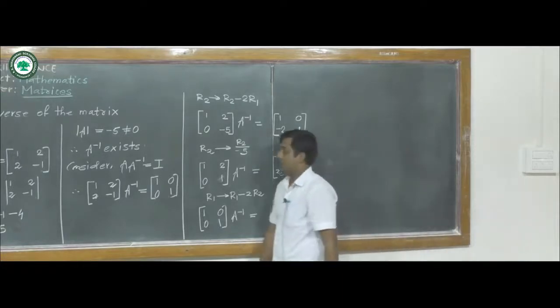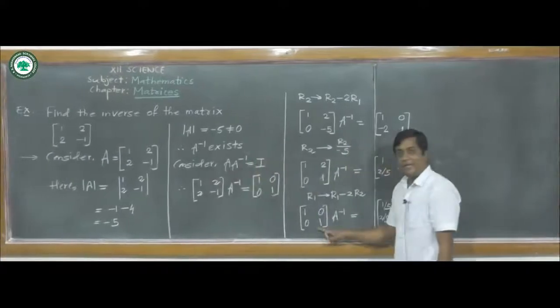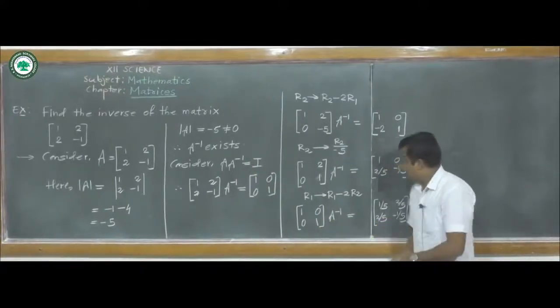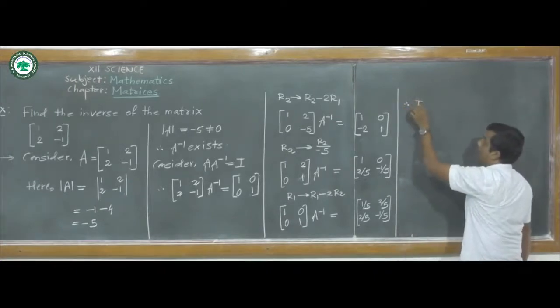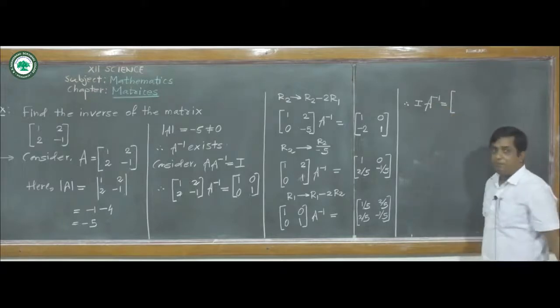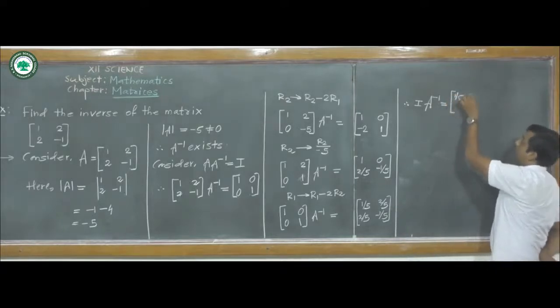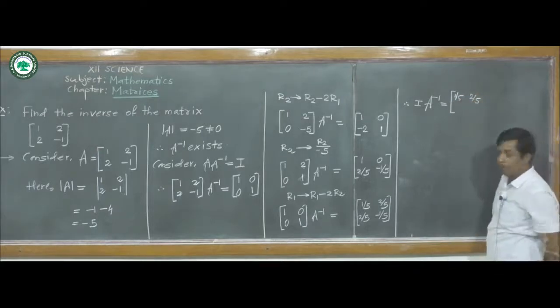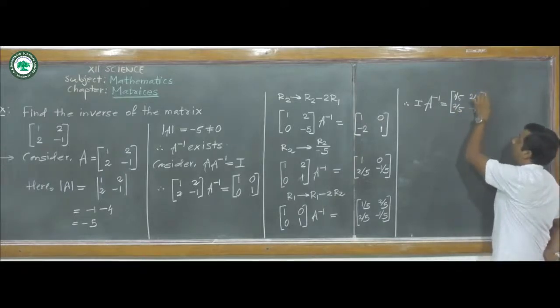So we reduce this matrix A to the identity matrix. If we reduce this to the identity matrix, we get the form I into A inverse is equal to, inside the matrix, the elements 1 upon 5, then 2 upon 5, next 2 upon 5, and the last element is minus 1 upon 5.